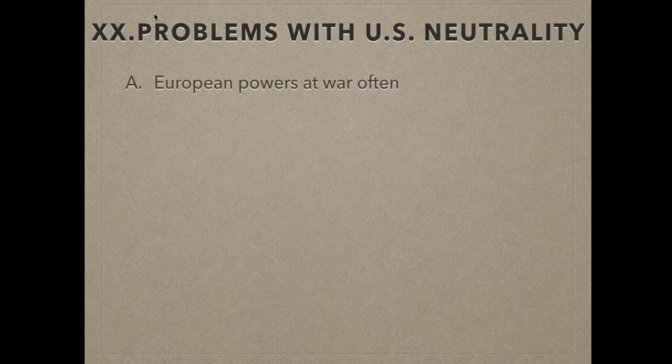So European powers fight wars with one another often. France, Britain, Spain, they're going to fight with each other quite often. And the United States is going to be in a position where it wants to remain neutral, particularly in this war we're talking about here, this war between Britain and France. You don't have to write anything under this. I'm just going to talk about it for a minute.